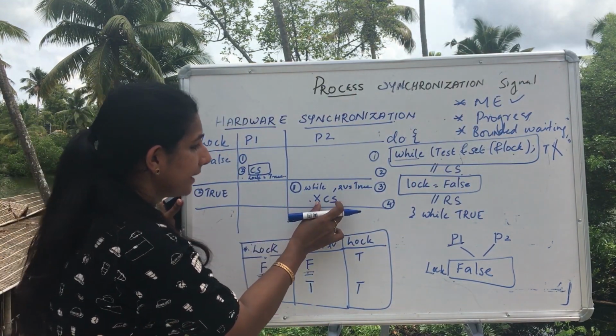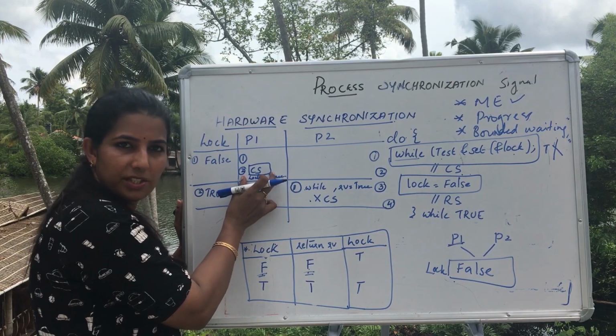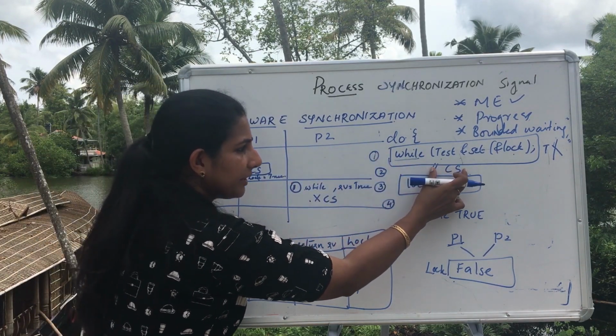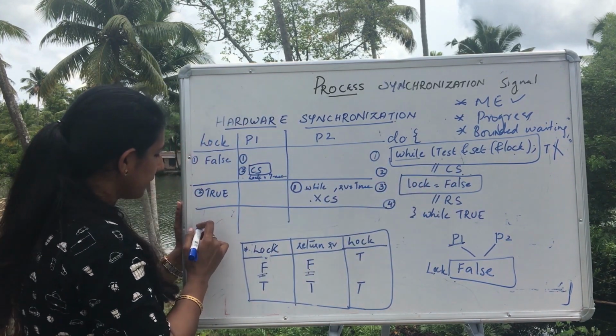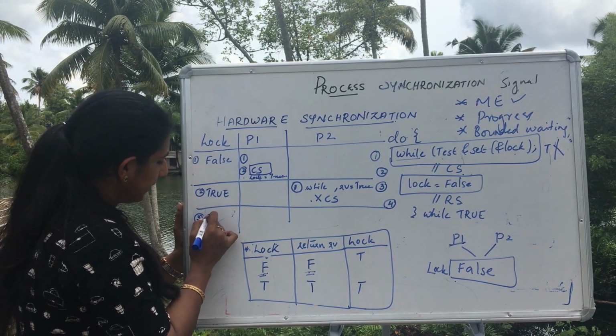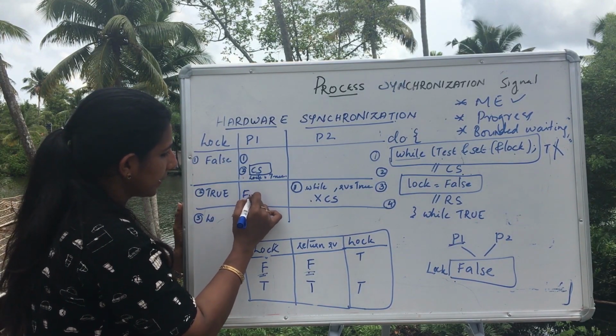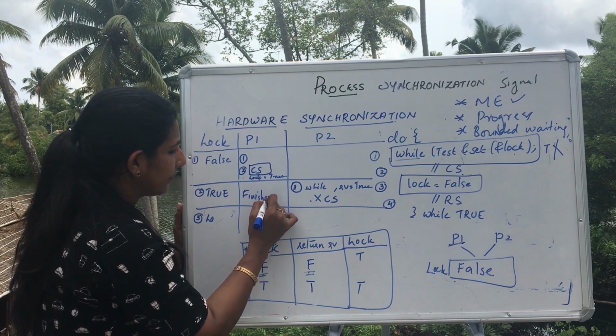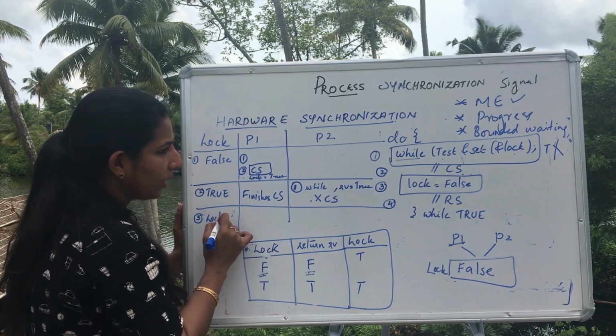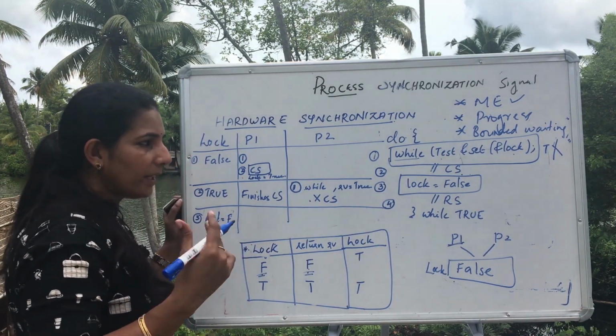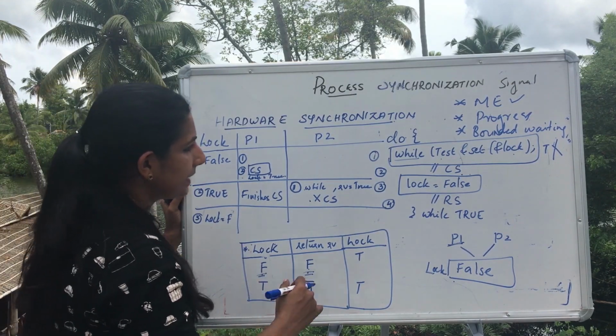Now when can it enter? When P1 finishes the critical section. When P1 finishes the critical section, the lock is set to false. So here, third, when P1 finishes the critical section, lock is set to false. When lock is set to false, what happens?